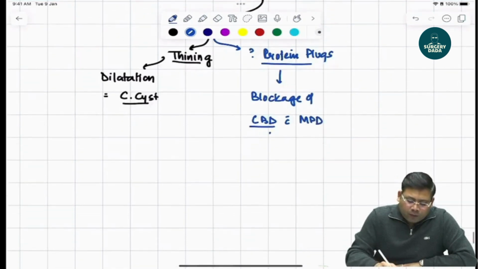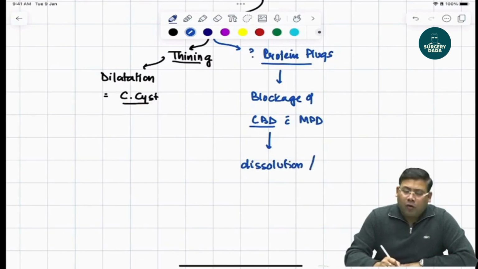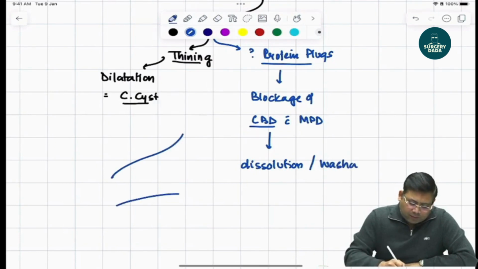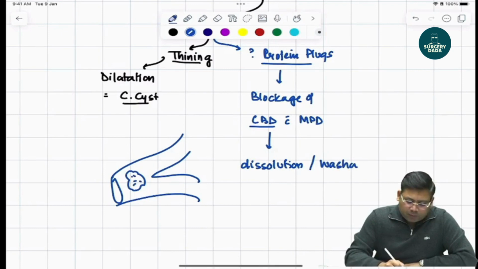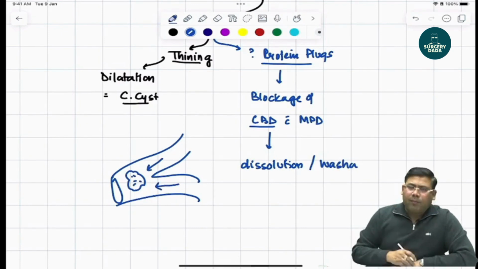And do you know, sooner or later there is dissolution or there is washout of this plug. Imagine this is the scenario. So there is a protein plug, a coagulated protein plug. This is causing obstruction to CBD bile flow or pancreatic juice flow.